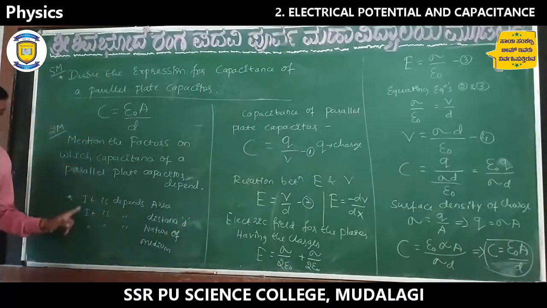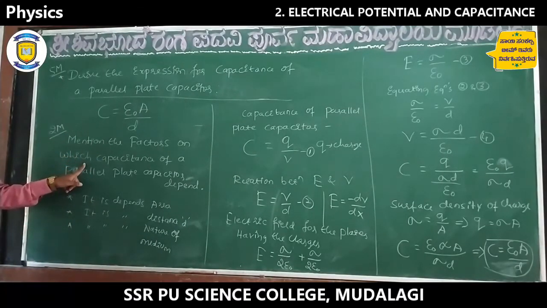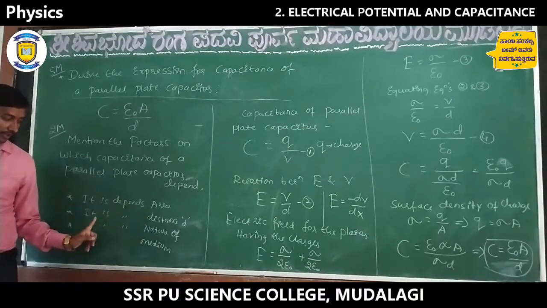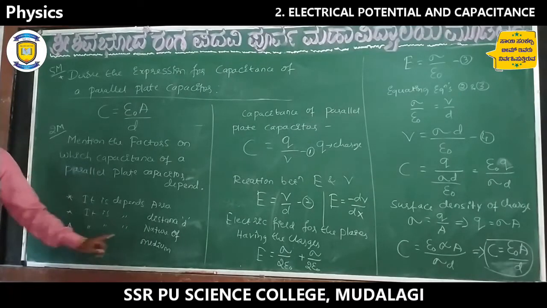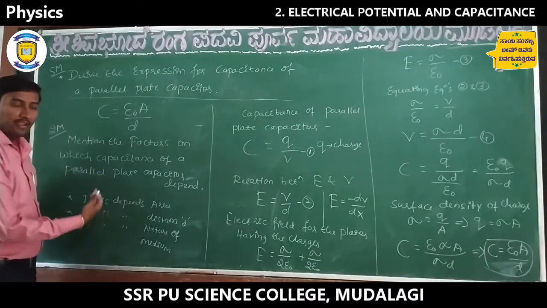Right. So this is the answer. The question is: mention the factors on which the capacitance of a parallel plate capacitor depends. It depends on area, on distance d, and on the nature of the medium. But how does it depend?